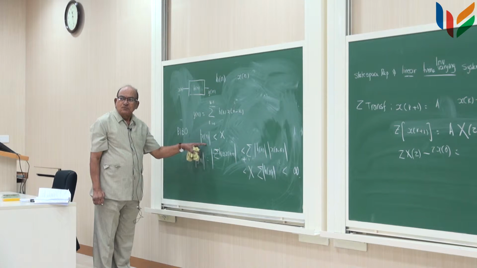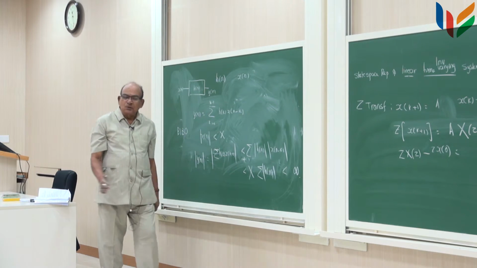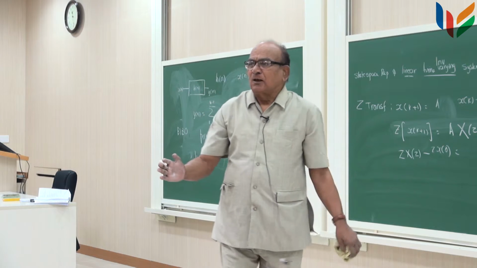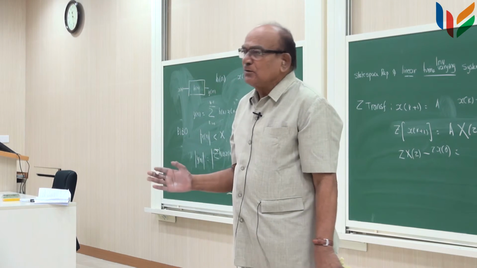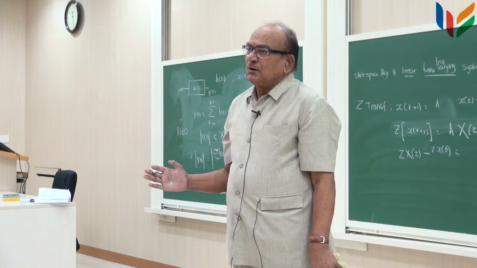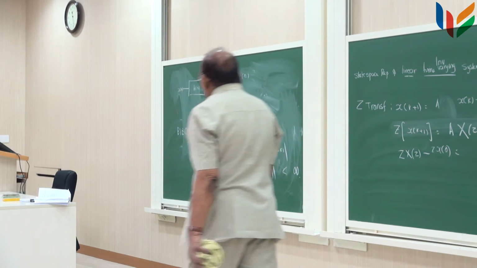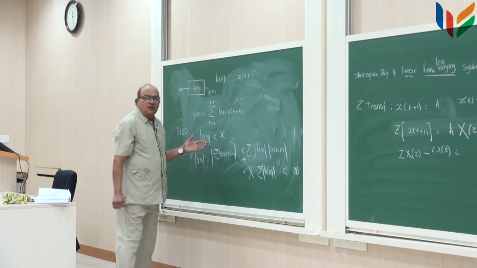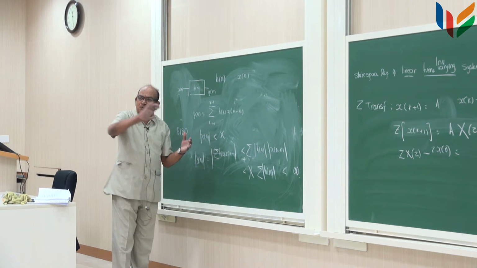For example, the input amplitude is limited at any instant of time, or the sample values are bounded at any sample time. Sir, for a unit step function? Your step function is fine, because the amplitude is limited to 1.